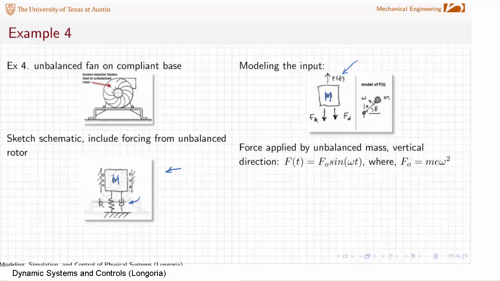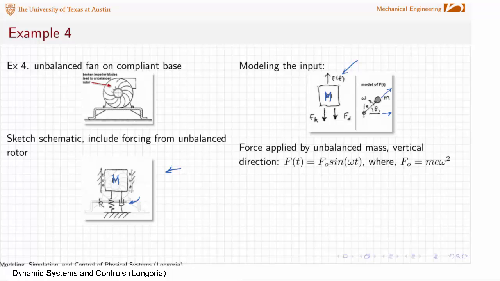And that centripetal force would have two components. It would have a radial component, but as it's moving, there would be a component in the x direction, if you like, and one in the z direction. And the one in the z direction is the one that we'd care about. That's why I'm modeling this as f naught sine omega t.